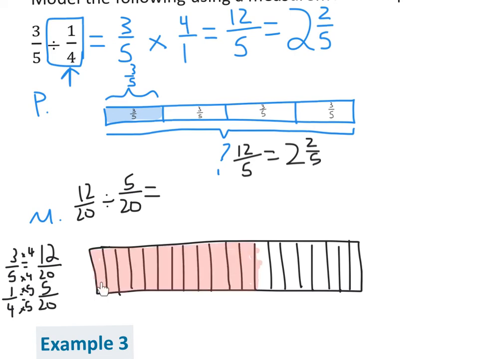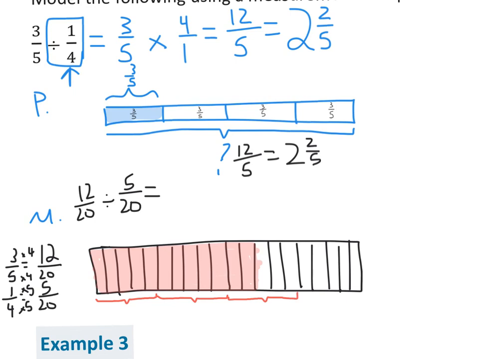So I start by coloring in 12/20, and you can count those, 11 and 12. And then I'm going to mark out how many 5/20 I can make. And so I'll just count out 5. 1, 2, 3, 4, 5. There's 1. And then do that again. 1, 2, 3, 4, 5. And then I'm going to do that one more time. 1, 2, 3, 4, 5.